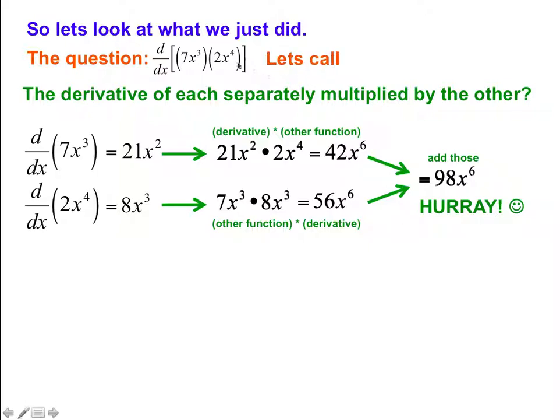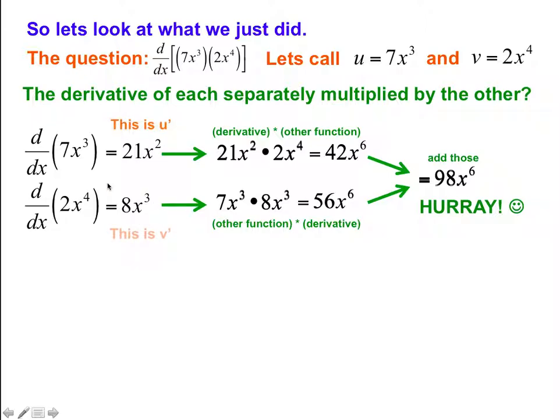So let's take a look at what we did here. Like I said, let's call 7x cubed u. That's the first one, and this is how it's typically written. And then we're going to call 2x to the 4th v. And so what we did then is we said, well, let's take the derivative of the first. So if the first is u, then this derivative is u prime.